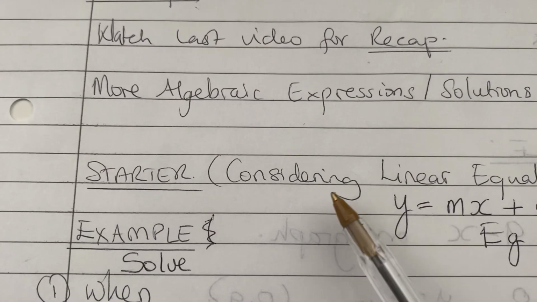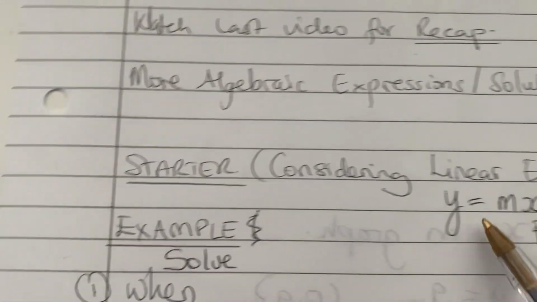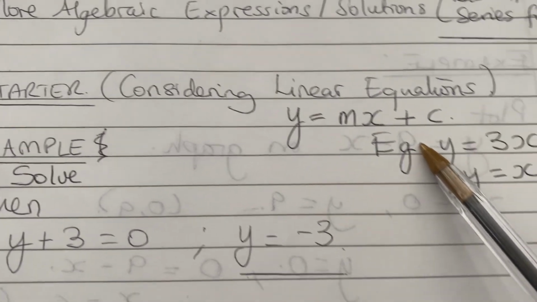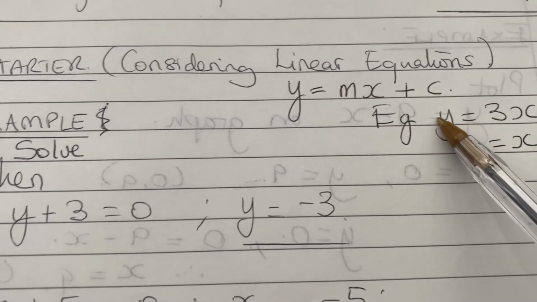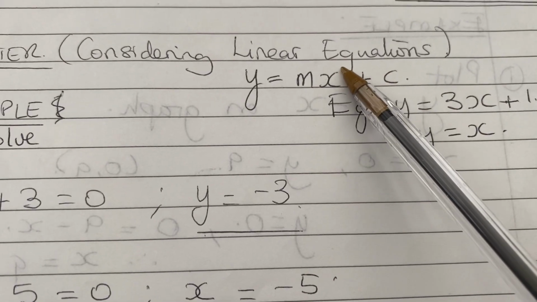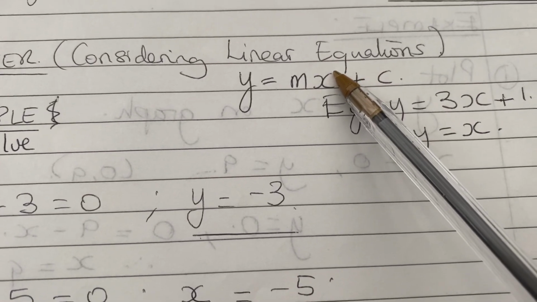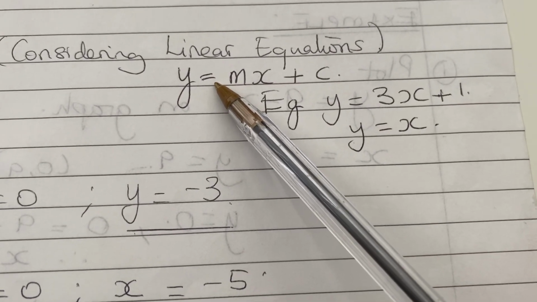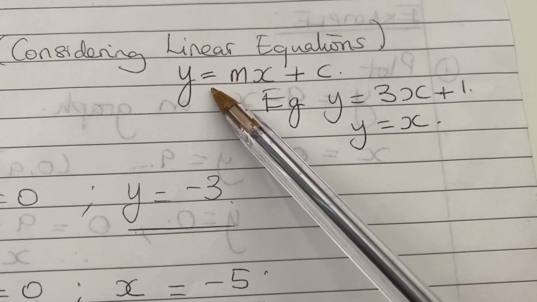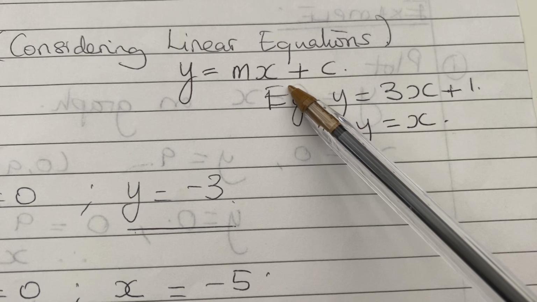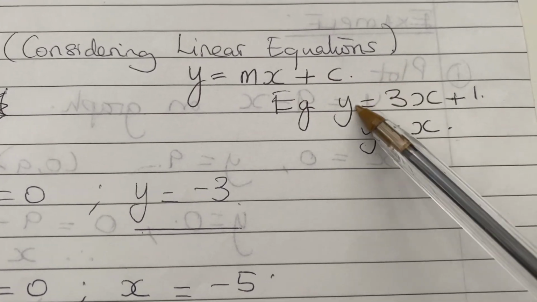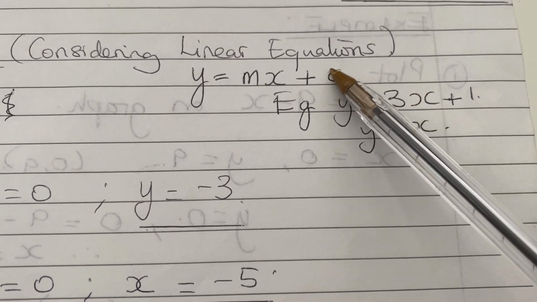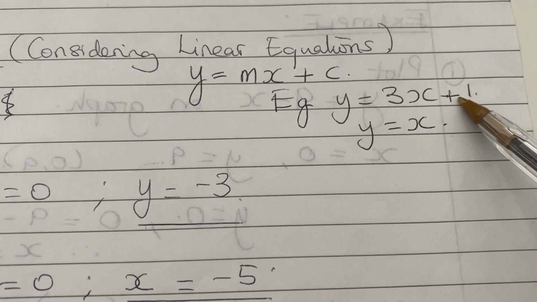Okay, now look, today our starter is considering simple equations and linear equations. A linear equation, the x is only to the power 1. So for instance, if you have an equation for a graph, y equals mx plus c, your gradient is 3, and your constant, which is the y-intercept, is 1.